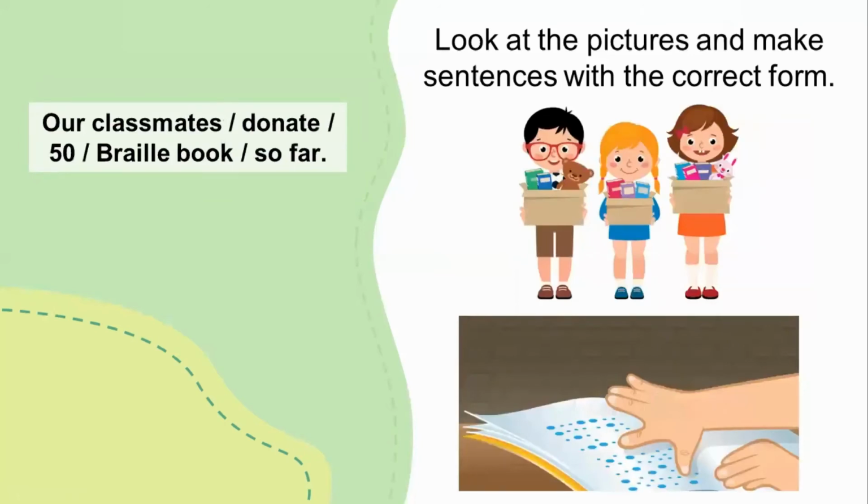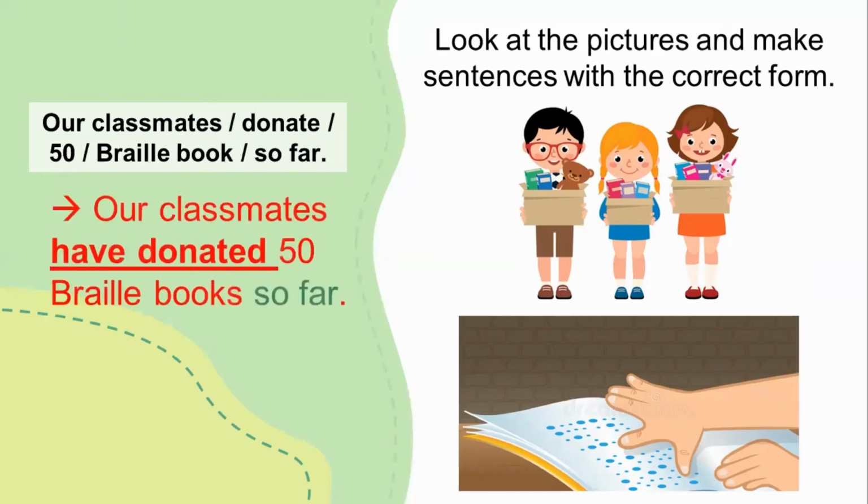The next one, I want to call you, Un. Can you do it for me? Our classmates have donated 50 Braille books so far. Great, you have recognized the S, the plural nouns here. Thank you.